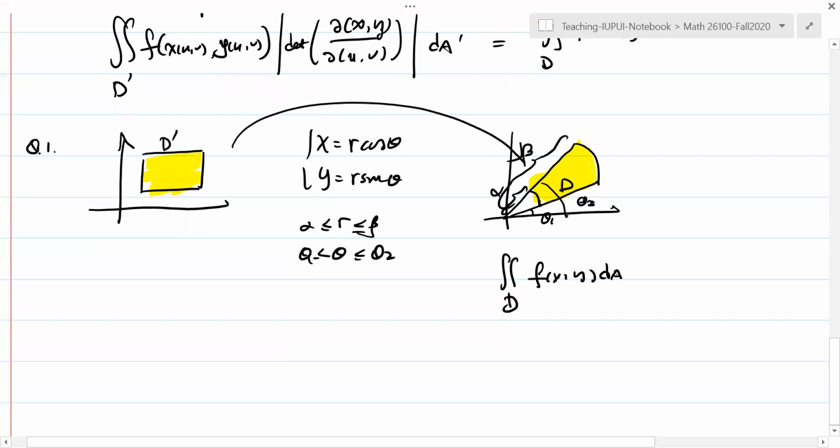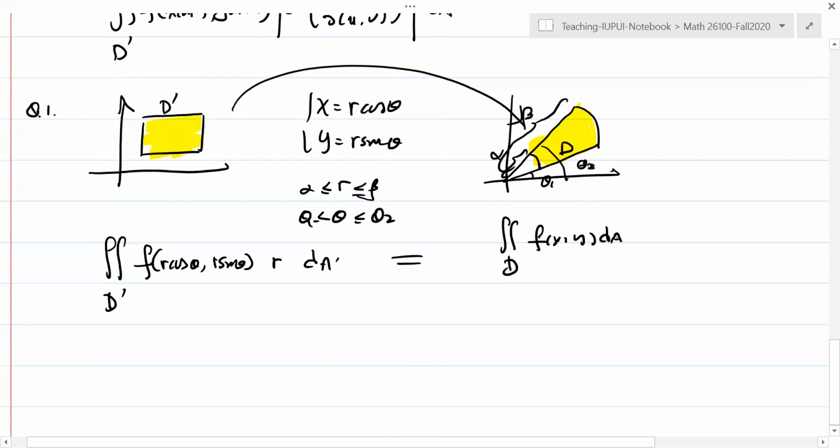So therefore, this integral becomes the integral over D prime of f(r cosine theta, r sine theta), and this r here is actually nothing but the determinant.